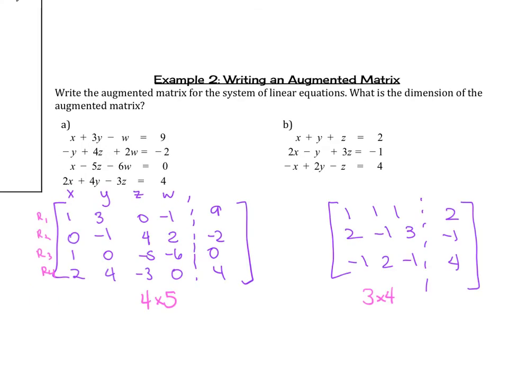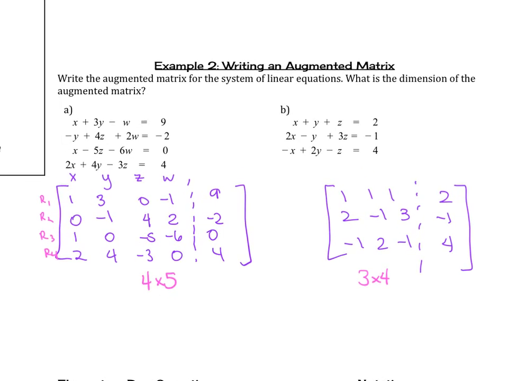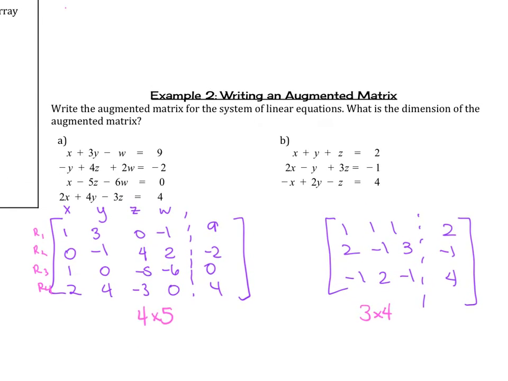If you tried this out, it could have gotten a little tricky, and maybe you even want to write this all out, lining everything up. For example, you could do x plus 3y, and then minus w here, so you know there's a hole, and then you have -y plus 4z plus 2w equals -2, and so forth, just to line them all up.